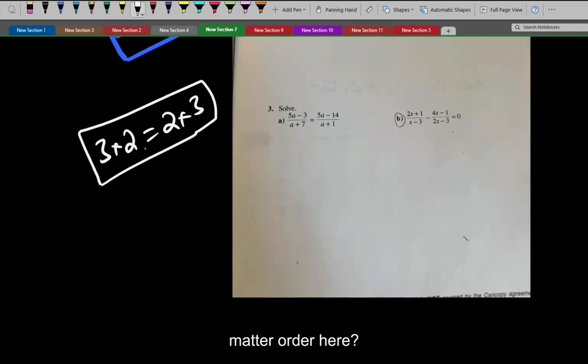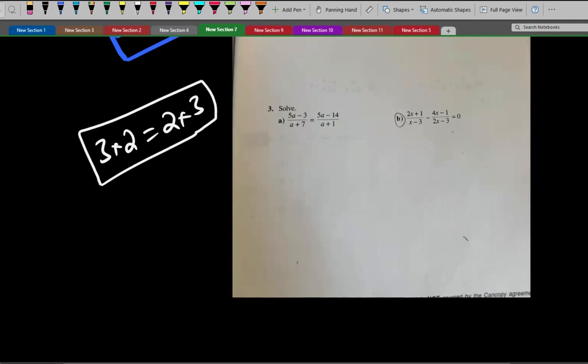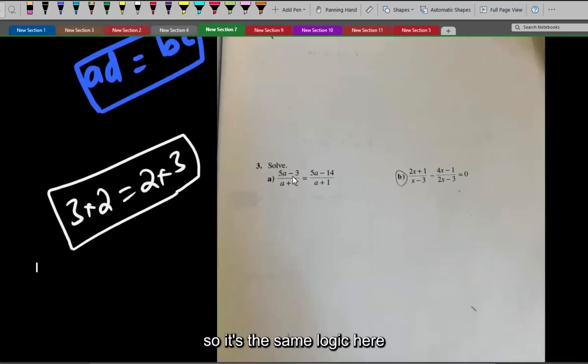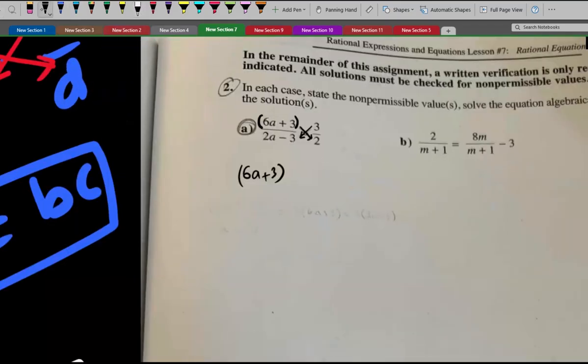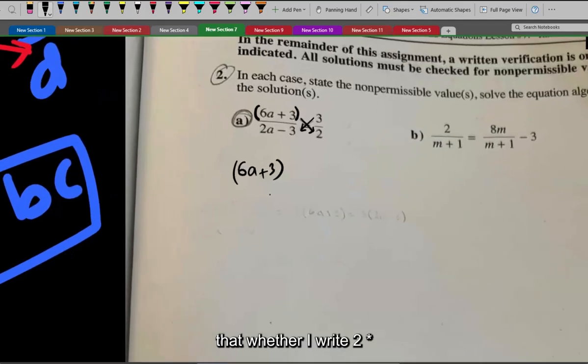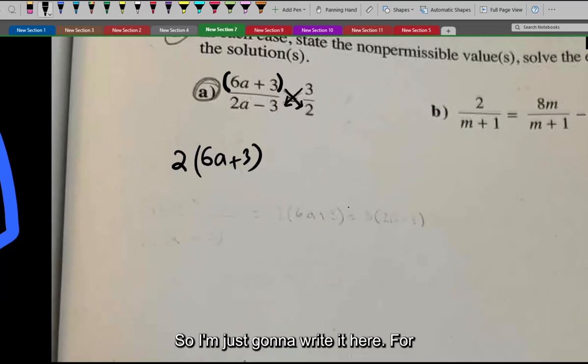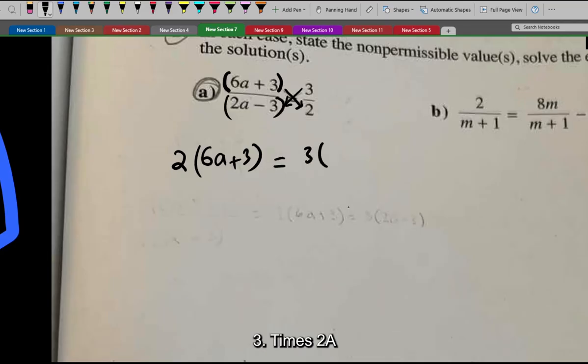Does the order really matter here? No, it's the same case, right? So it's the same logic here, whether I write 2 times 6a plus 3 or 6a plus 3 times 2, it's the same thing. So I'm just gonna write it here. For this case, it's 3 times 2a minus 3.